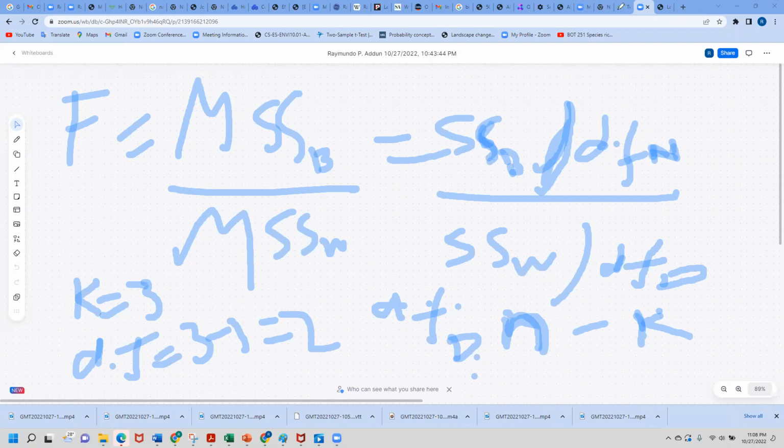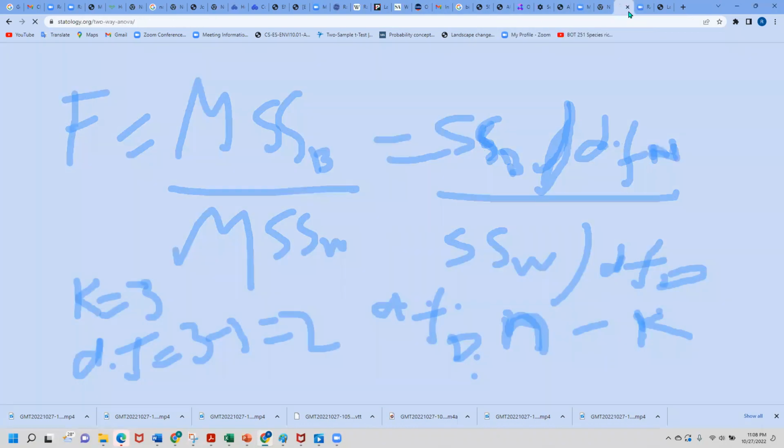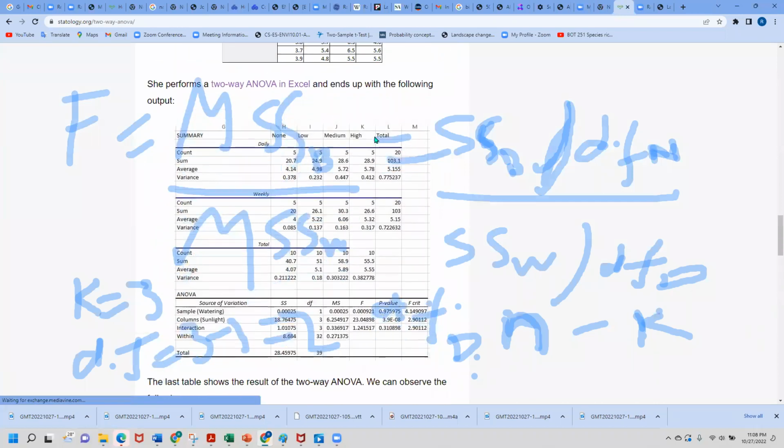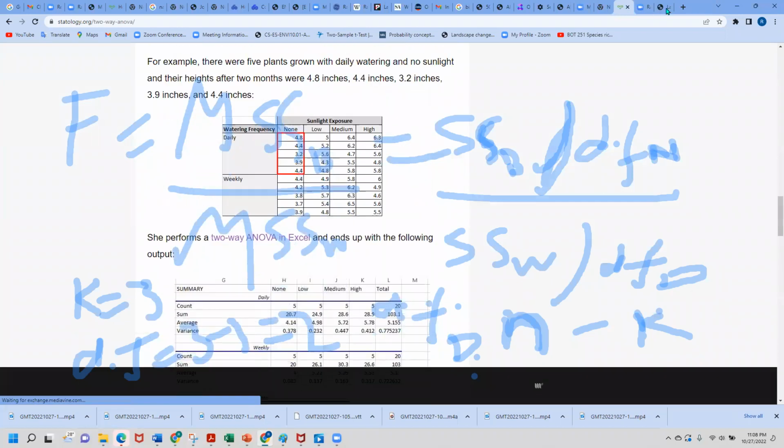Can I just show some of my prepared tables? I don't know, it's topology here. All right, no, not the one that I want.